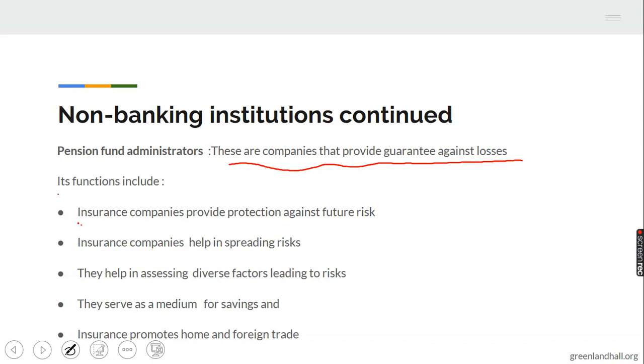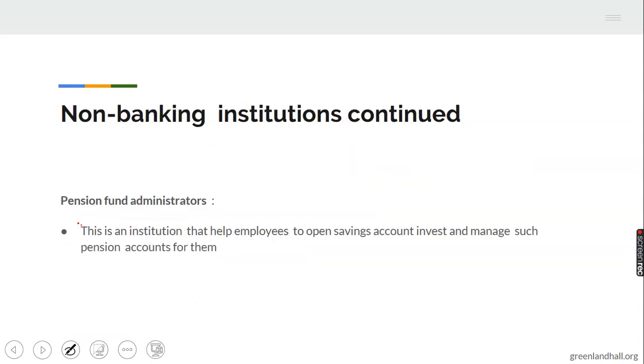So at the time when such individuals eventually retire, the pension fund will now pay or refund the amount of money that they've paid into the pension fund to them. Pension fund is an institution that helps employees to open savings accounts, invest and manage such pension accounts for them.